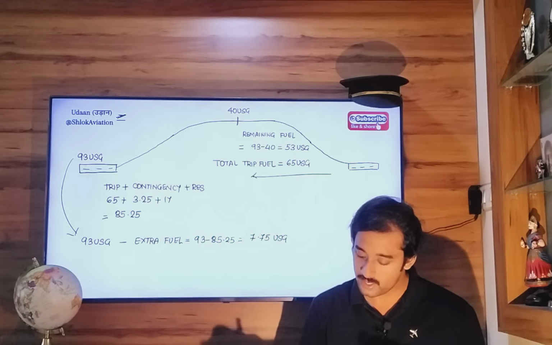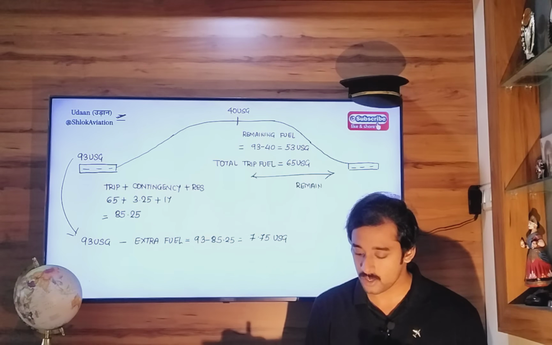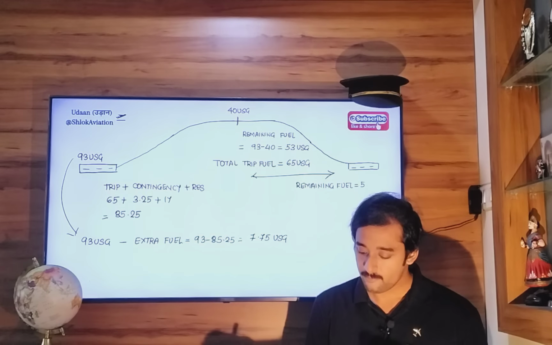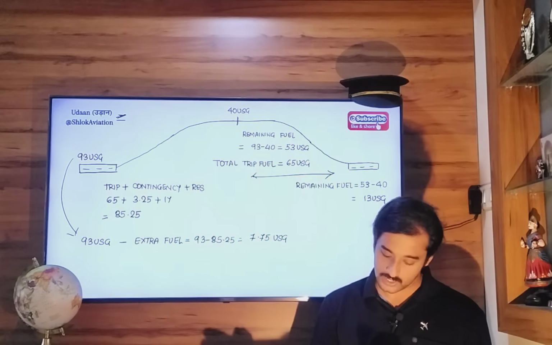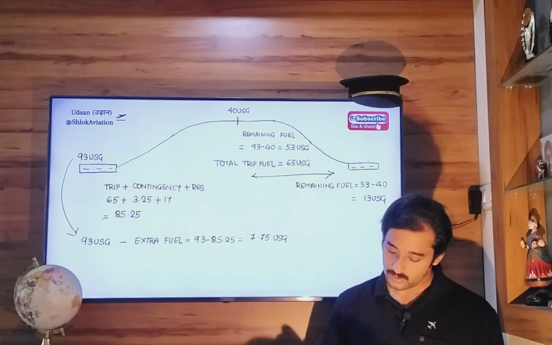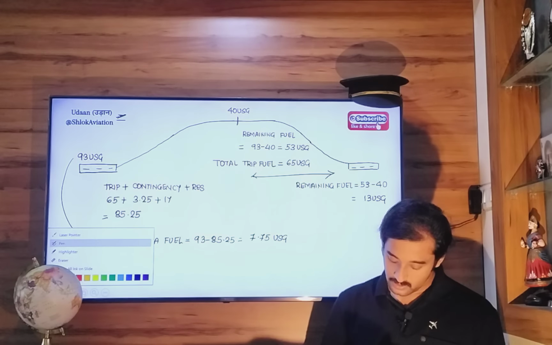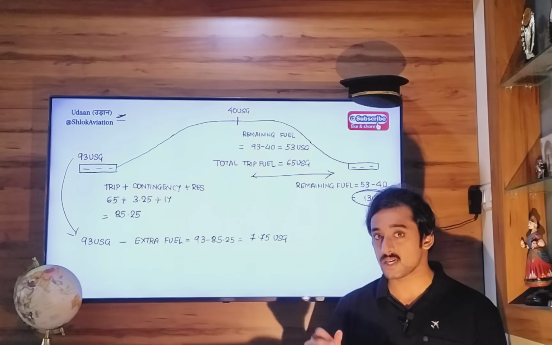So the remaining fuel at your destination will be 53 minus 40, that is 13 US gallon. Now let's check whether this 13 US gallon includes reserves or not.